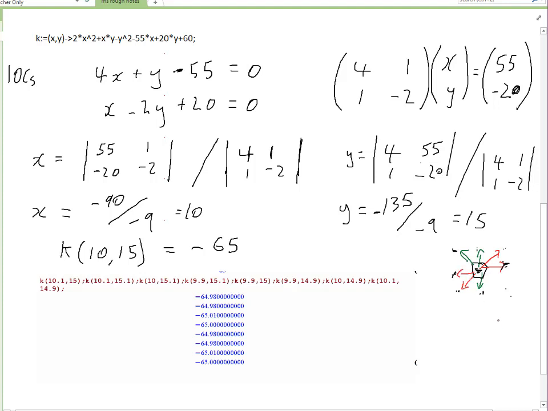I'm not counting it properly, but in this one, the final one is no change. So it's going up, sorry, down, down, up.